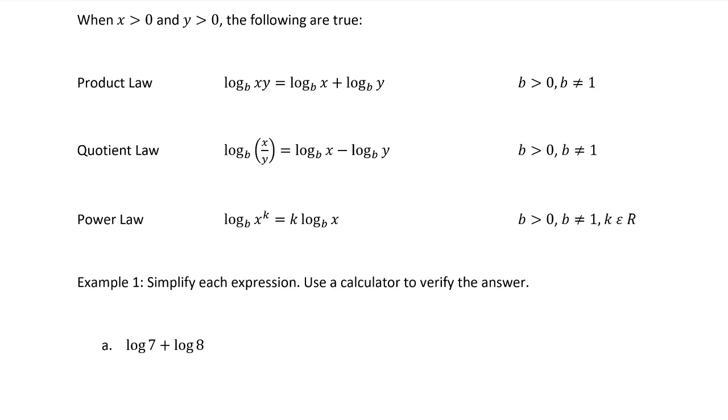So first of all, we need to know that in order to have a value in a log, we need the number to be positive. So we see that in terms of this notation here, both x and y are greater than 0.